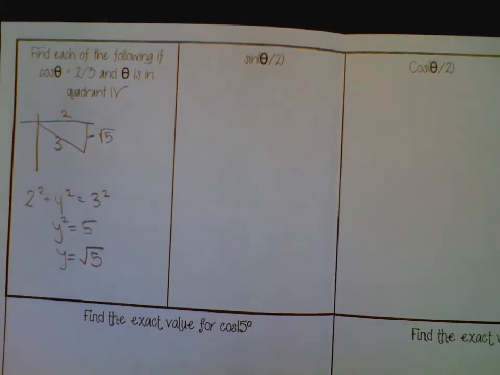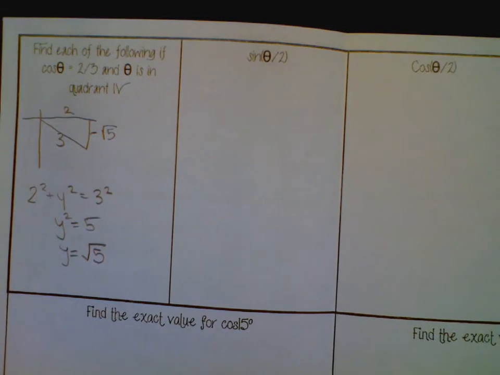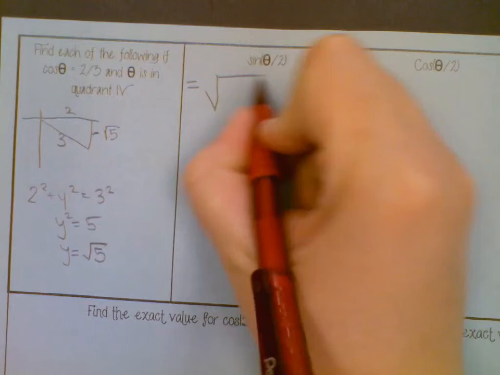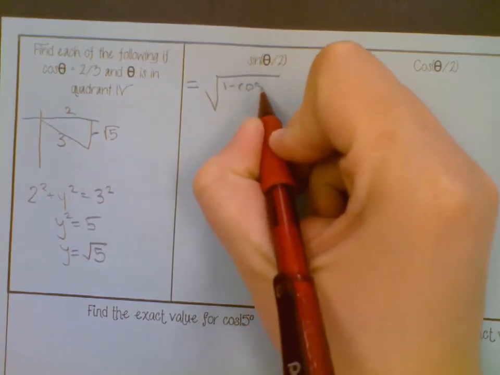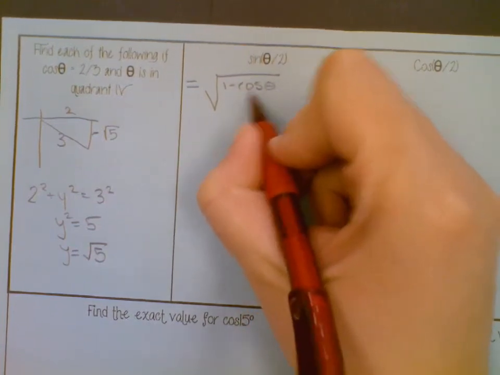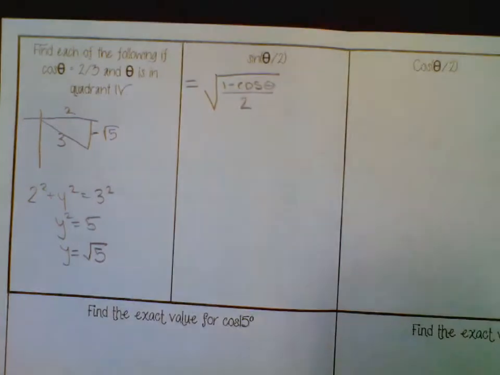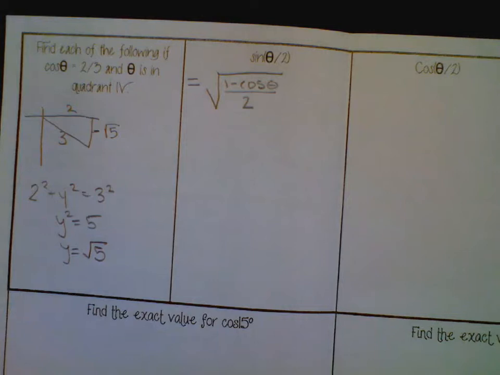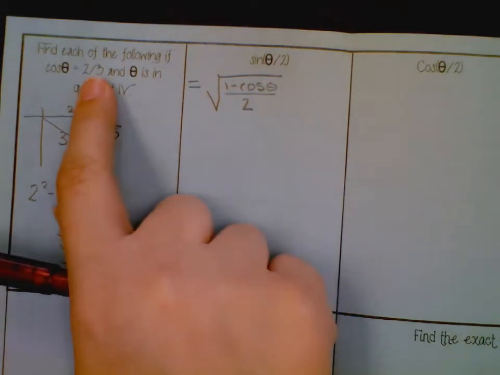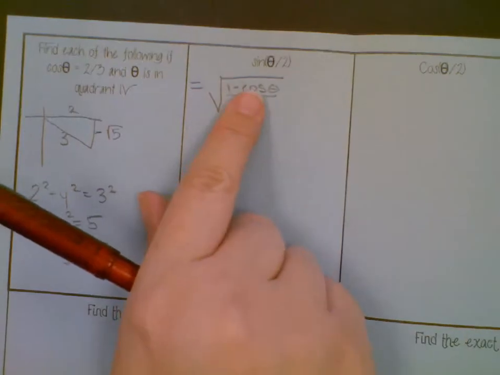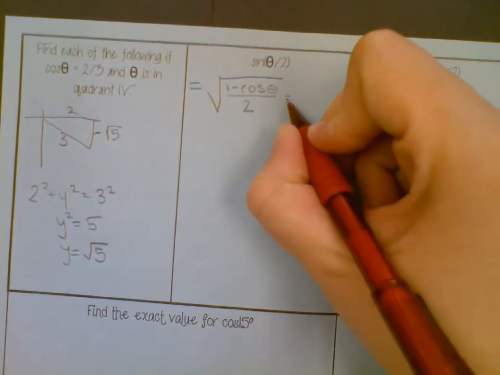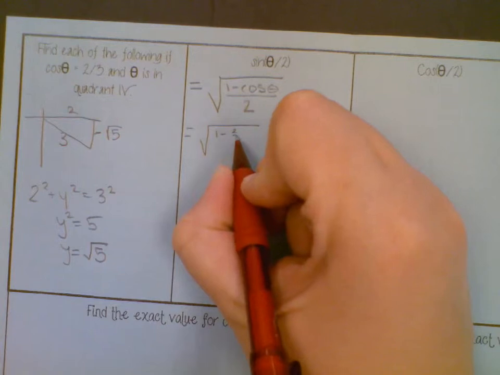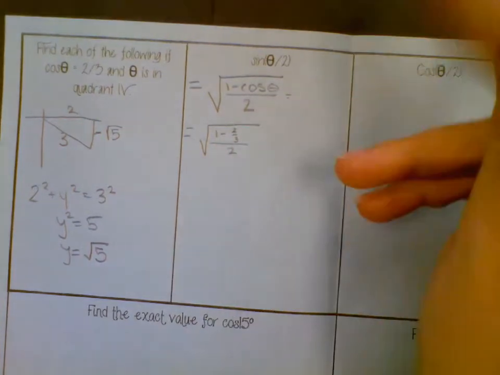Okay, so we want to find sine of theta over 2. Our identity for sine is that this is equal to the square root of 1 minus the cosine of theta, over 2. Now we need to plug in what we know, which is the cosine of theta. They had given us that, so we can plug that right in. So we'd have 1 minus 2/3 over 2.